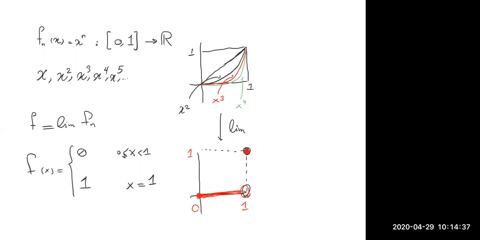Now we can see something interesting here. Although all of these functions fn, x, x squared, x cubed, etc., are continuous, their limit f, as you can see here, is not continuous.